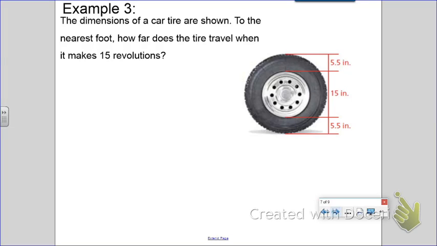The dimensions of a car tire are shown. To the nearest foot, how far does the tire travel when it makes 15 revolutions? One revolution is 360 degrees. So let's figure out what the circumference of the tire is. If 15 is the diameter, that means the radius is 7.5.